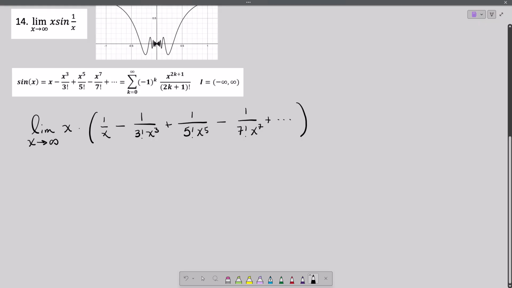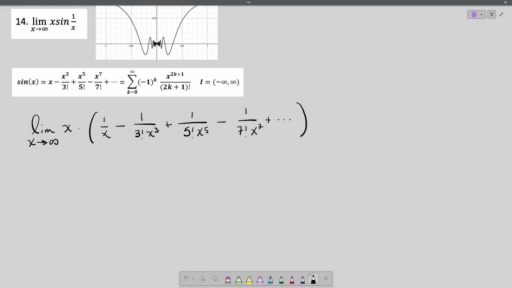Now, whenever we do a substitution, we also need to keep in mind the interval of convergence. And so this interval up here is for sine of x, and if we replace x with 1 over x, we would do the same thing with this interval of convergence.